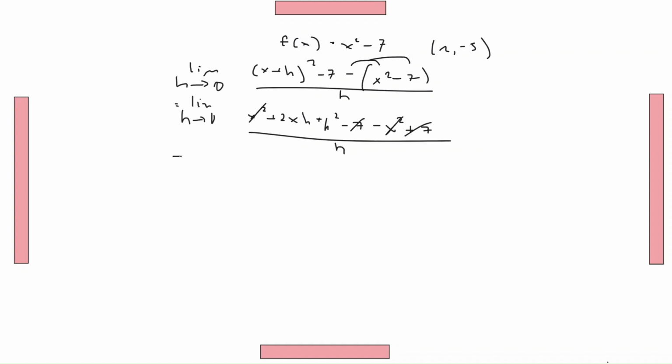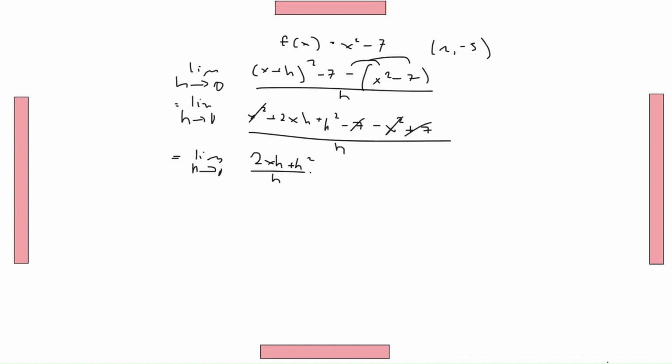So what we're left with is the limit as h approaches 0 of 2xh plus h squared over h. Now what should we do here? Because we can't just get rid of this h on the bottom like before, because we have two terms here.